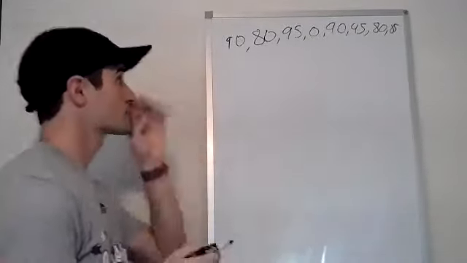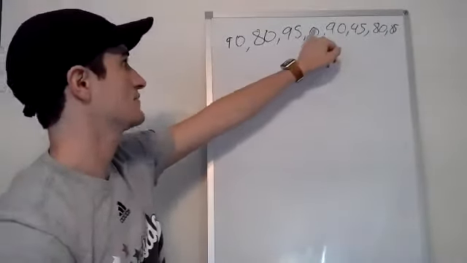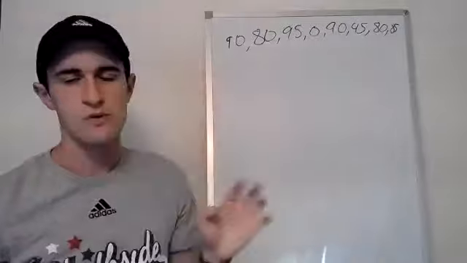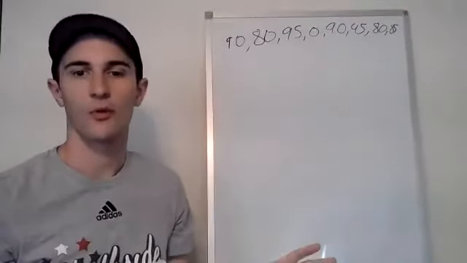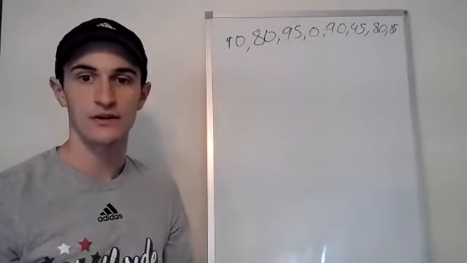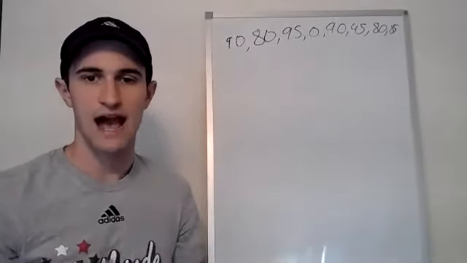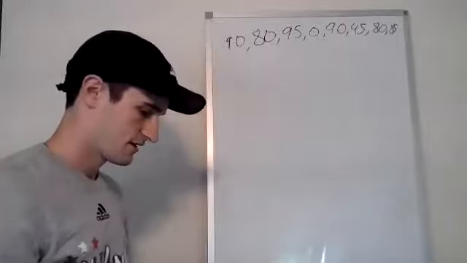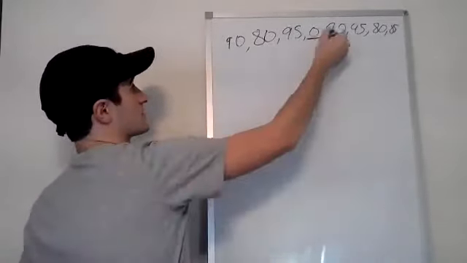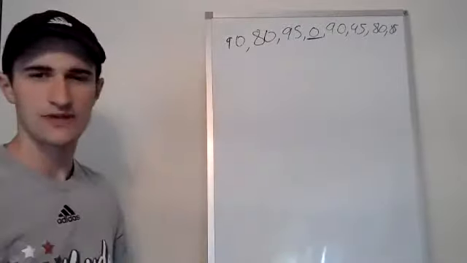So look at this list of numbers: 90, 80, 95, 0, 90, 95, 80, 85. There should be one number in there that's just not normal. It's a little abnormal, out of place. An outlier is always obvious when it's out of place, okay? So in this case, our outlier is going to be 0, because 0 is out of place here.